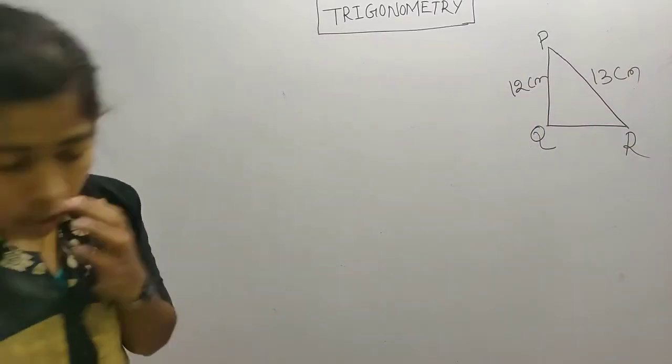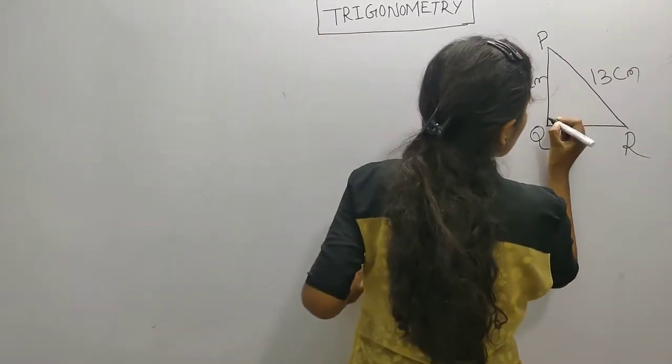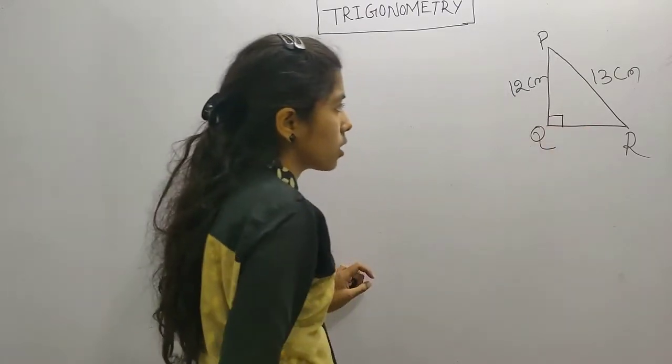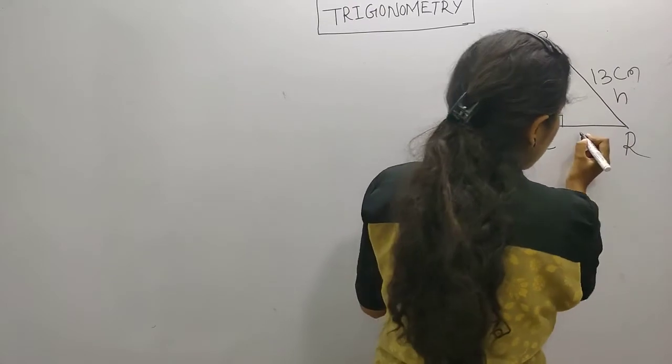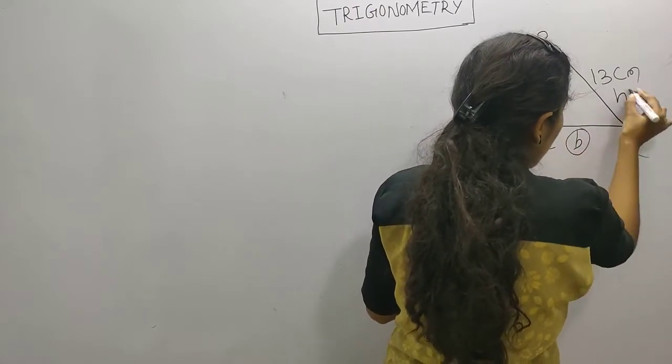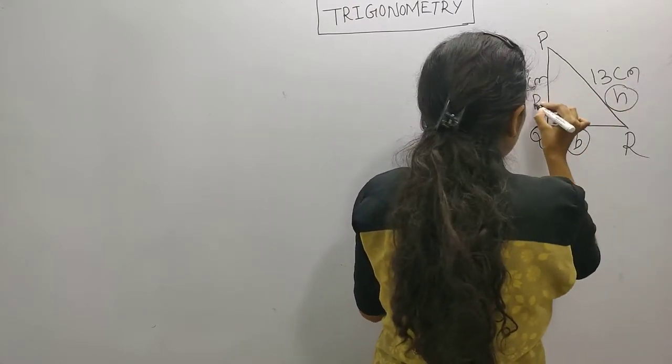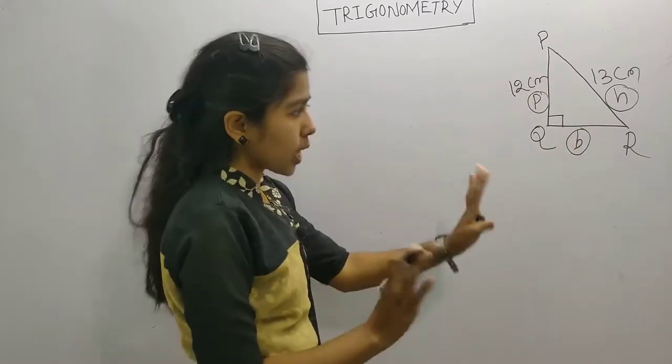Okay. So you can easily find what? The slope is the hypotenuse, no doubt. This will be the base. Normally we have to write first. This will be the perpendicular. Clear?